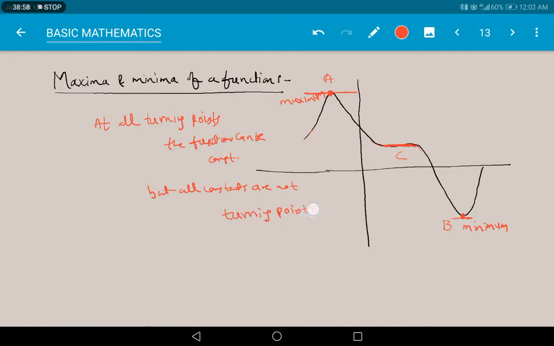That means C is a constant, but it is not a turning point. That is the meaning of that.